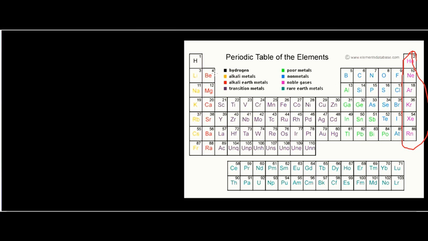For example, if you have magnesium, its last subshell would be in the third quantum level, so its last subshell would be 3s2.